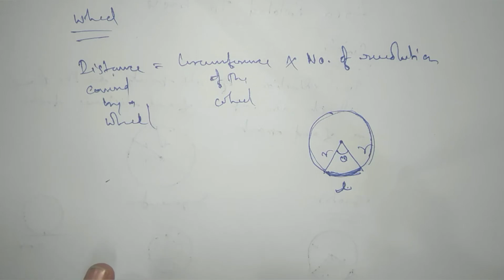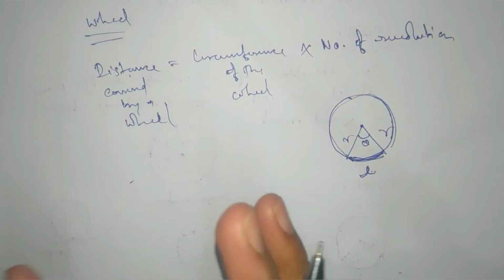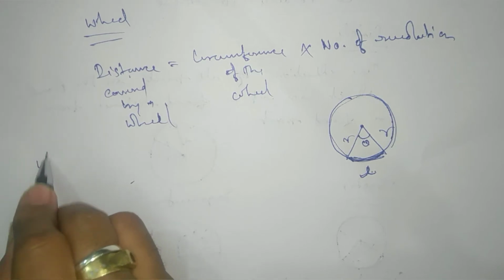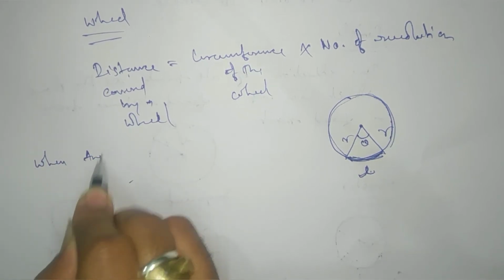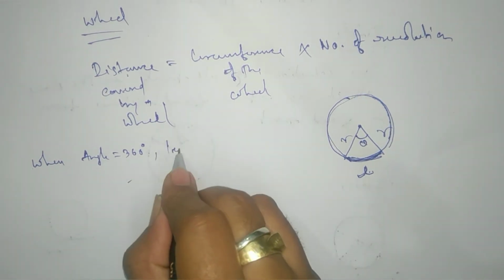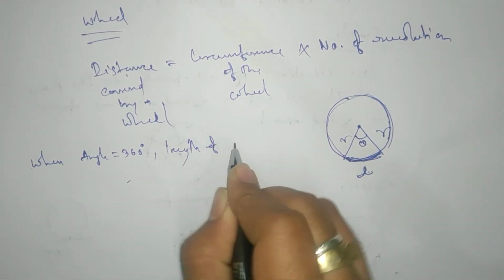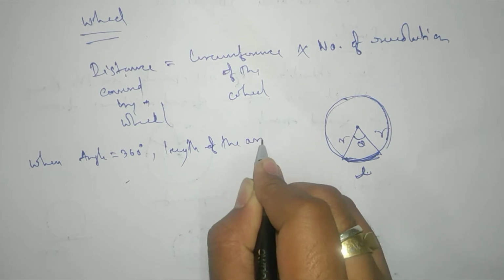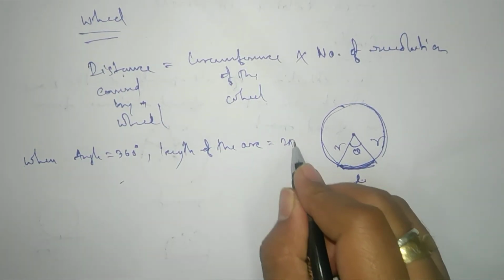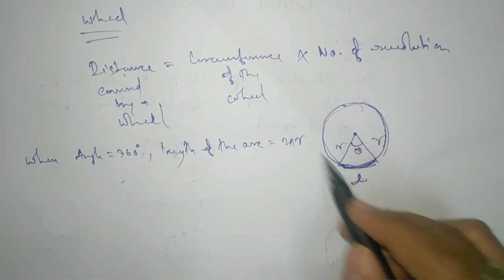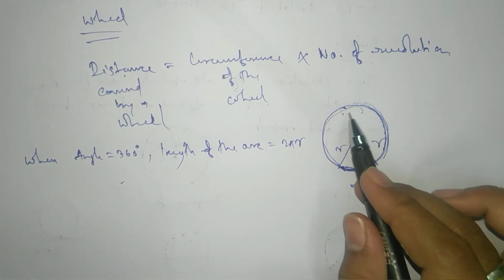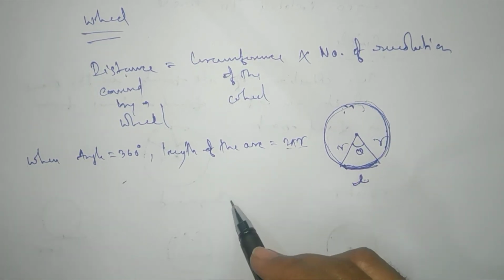So how are you going to find it? Let's see, we'll use the unitary method. When the angle equals 360 degrees, the length of the arc becomes what? Can you guess? Yes, correct, 2 pi r. Why, sir? Because after completing 360 degrees, it will cover the whole circle, and the length of this circle is 2 pi r.